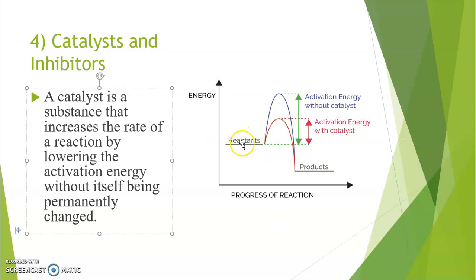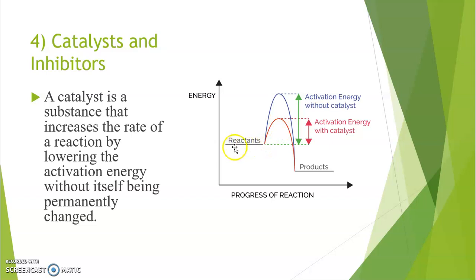Now let's check the activation energy. The energy required for the reactants to form the activated complex right here. This is the activation energy without the catalyst. The blue pathway is the normal reaction energy without using a catalyst. If we put a catalyst, a substance, what does it do?